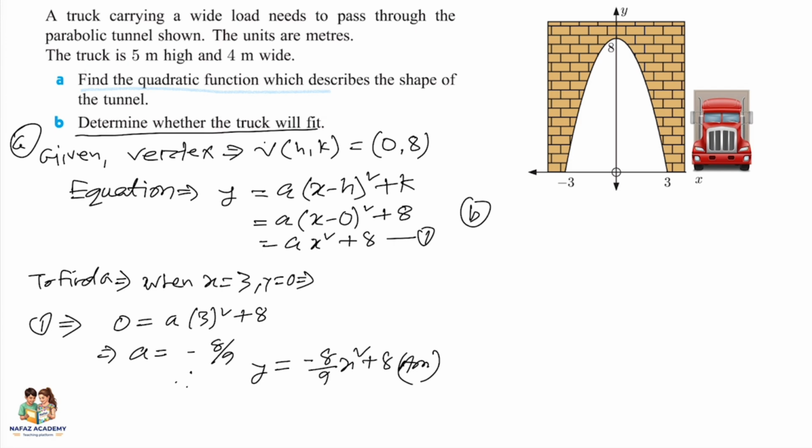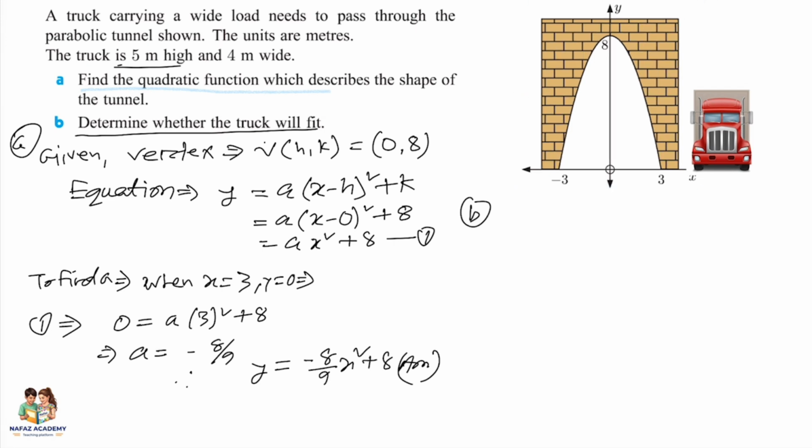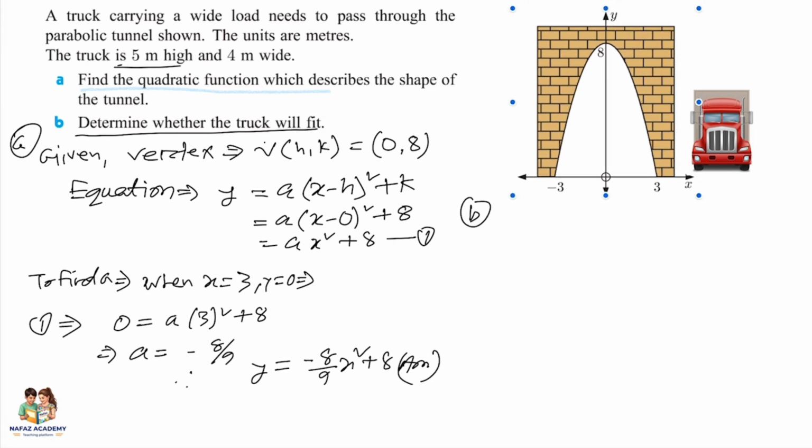The truck height is 5 meters and width is 4 meters. The tunnel total height is 8 meters, you see, but at the 8 meter side, the width is not 4 meters. So we need the 5 meter height above the 4 meter width, right?